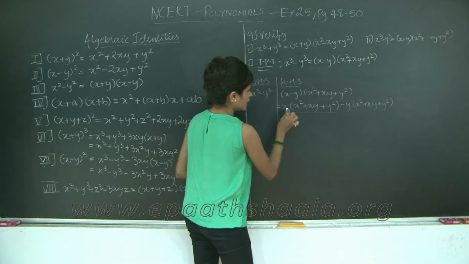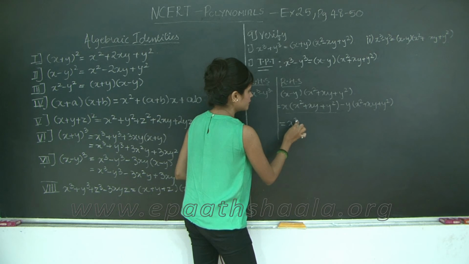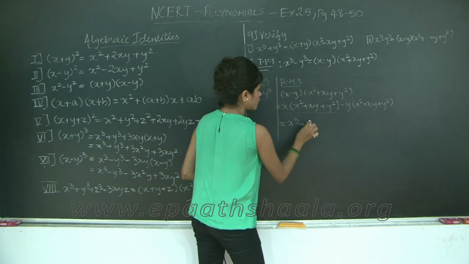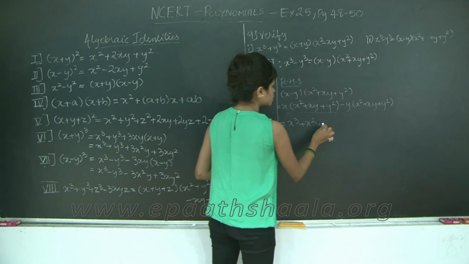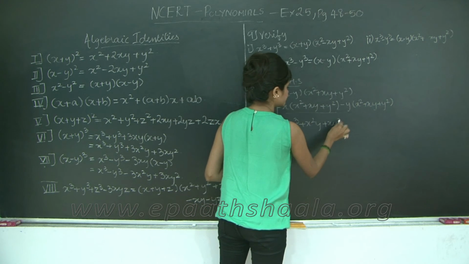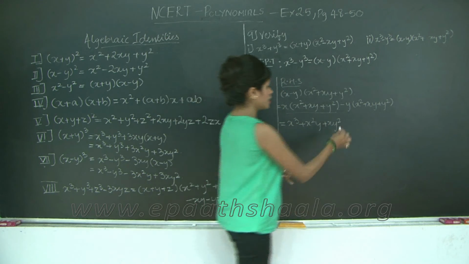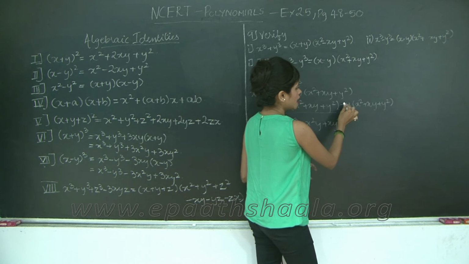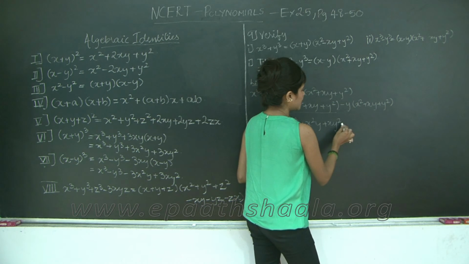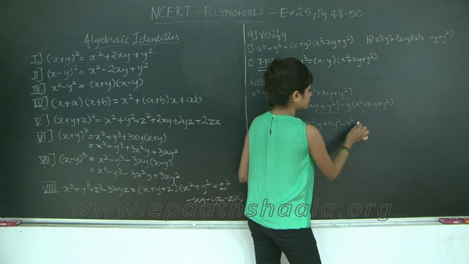This is equal to x into x square gives me x cube, x into xy gives me x square y, and x into y square gives me xy square, correct? Now let's take this. You have minus y into x square gives me minus x square y.